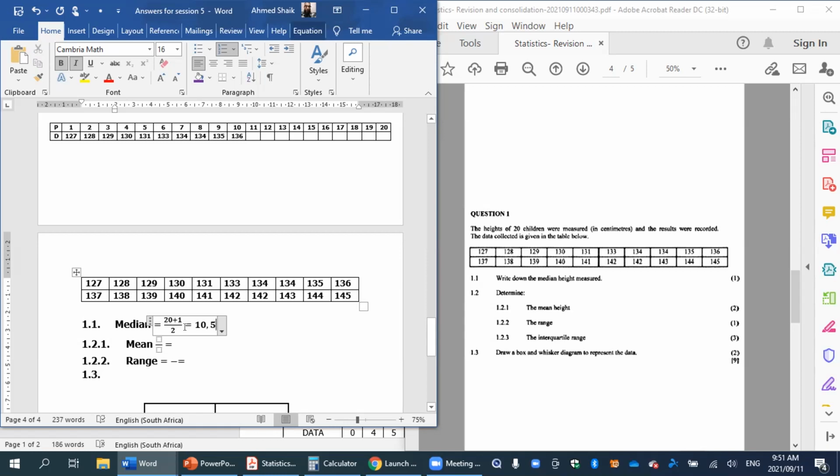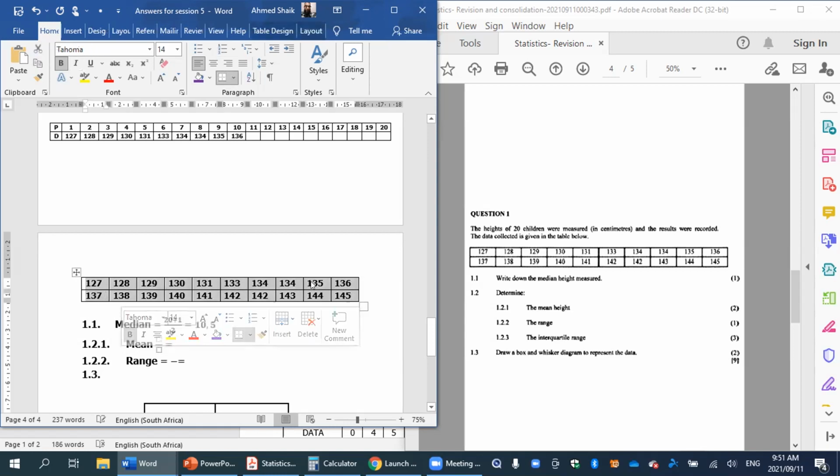And remember, if it's 10.5, it's going to be position 10, and it's going to be position 11. And if we look at position 10 and position 11, position 10 is 136, and position 11 is 137.